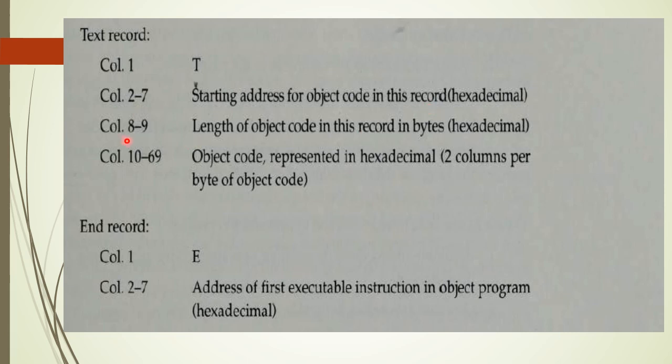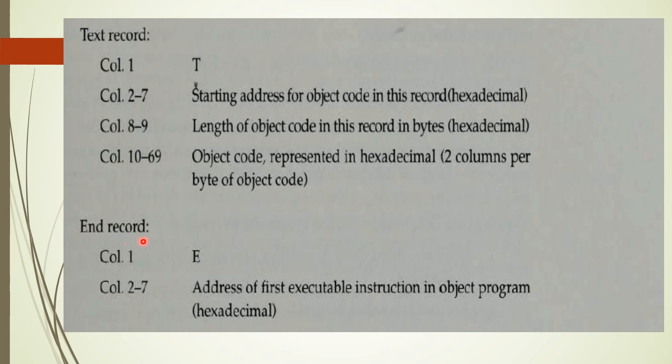Columns 8 to 9, that is 2 columns, indicate the length of the object code in this record in bytes, in hexadecimal. And columns 10 to 69, a total of 60 columns, are for the object code represented in hexadecimal. One thing you should keep in mind here is that 2 columns make 1 byte, that is, 2 columns per byte of object code.